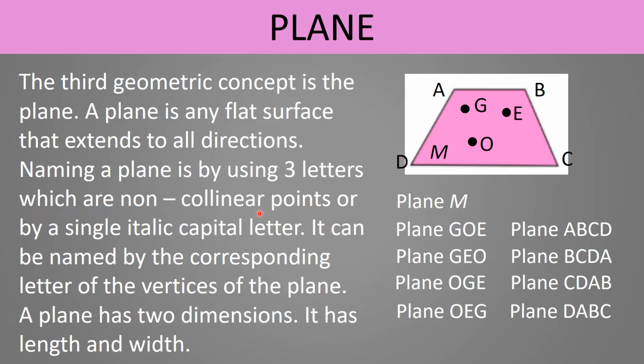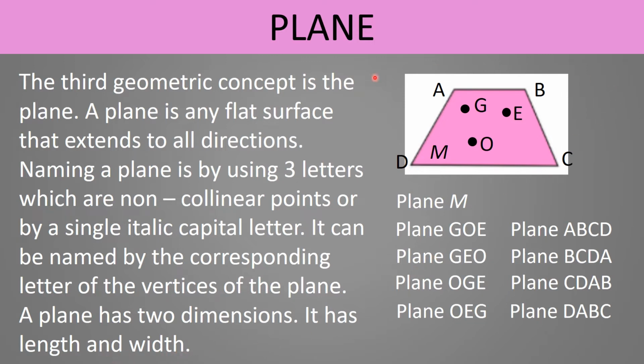Non-collinear points do not lie on the same line. We can name it by a single italic capital letter or by the corresponding letters of the vertices of the plane. A plane has two dimensions: length and width.